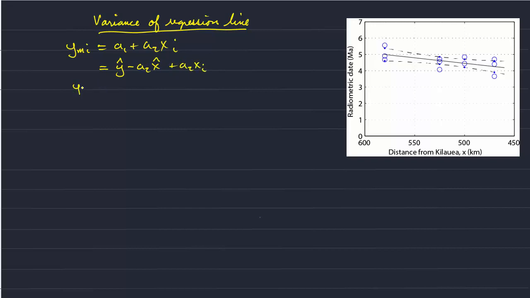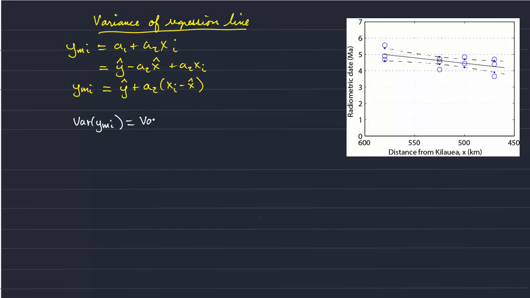And so y mi can be expressed as the mean value of y plus the slope times xi minus its mean value. Okay, so we want to calculate the variance of that. So the variance of y mi is simply the sum of the variance of each of these terms.